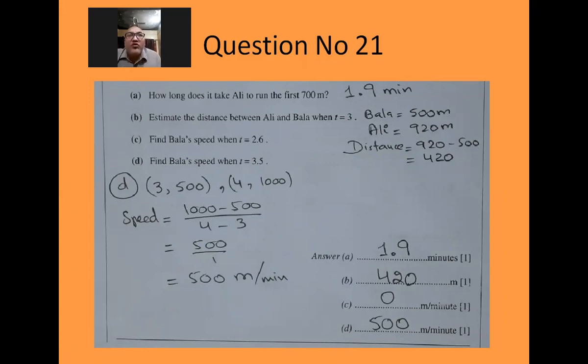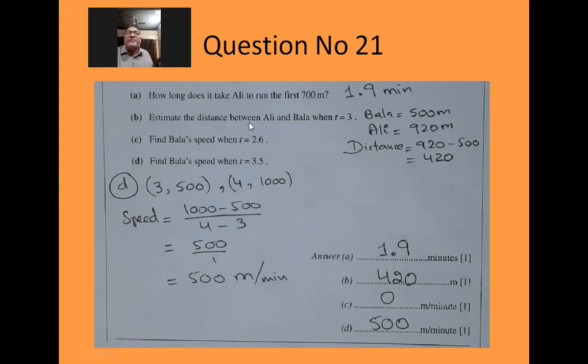I will apply the formula of the slope, y2 minus y1 divided by x2 minus x1. That will be equal to the speed: 1000 minus 500 in the numerator, and in the denominator 4 minus 3, so 500 meters per minute. So this is how you find the speed. That was the D part.